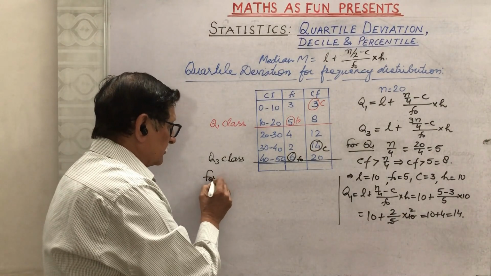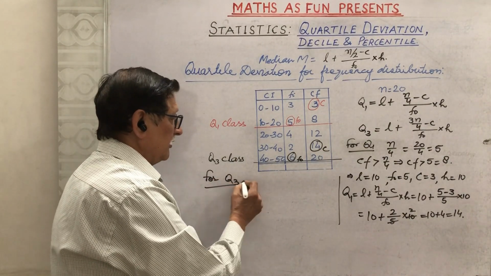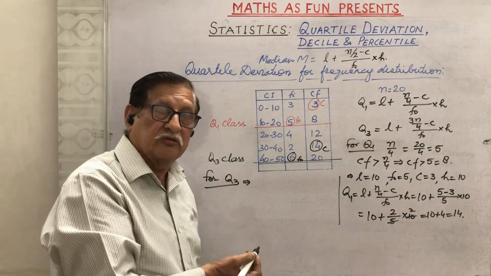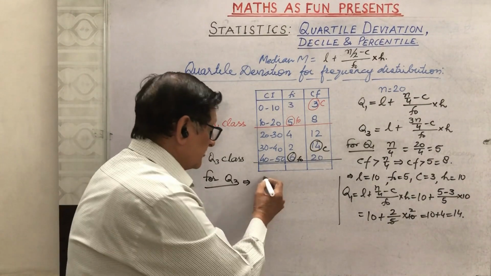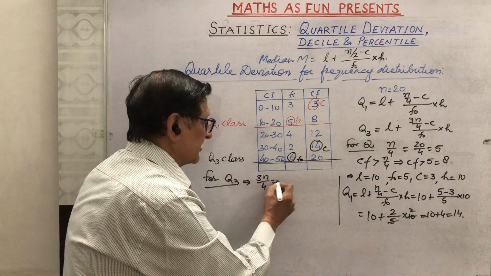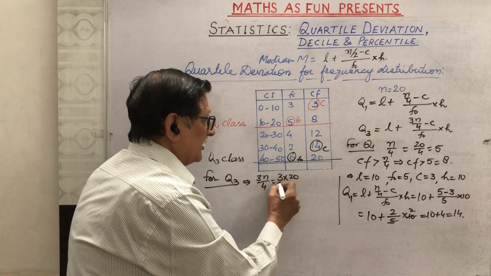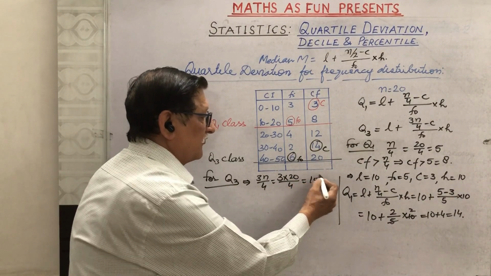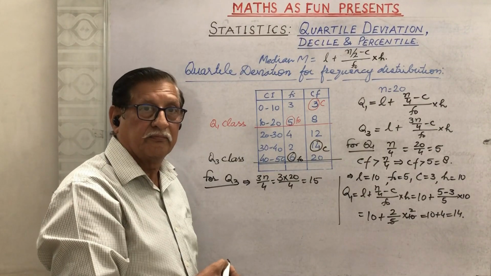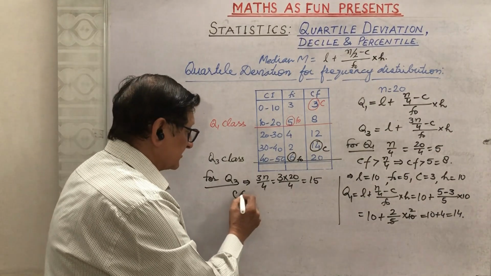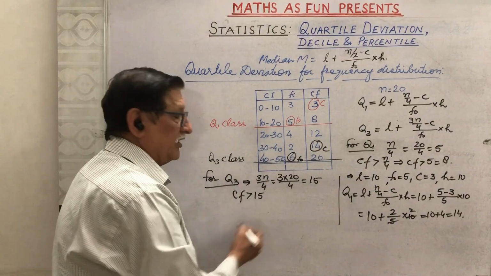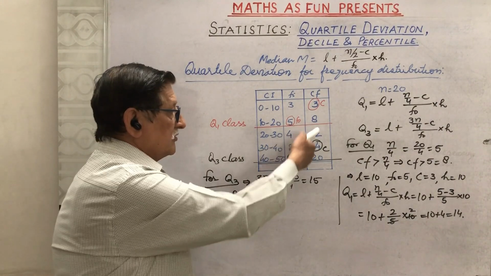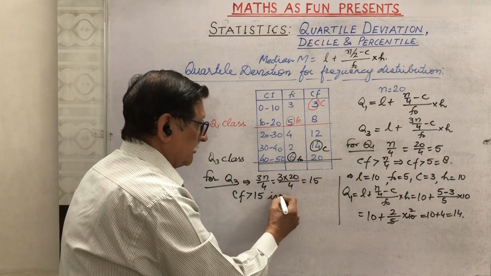When we find out the third quartile Q3, we will have to find out 3n by 4. And 3n by 4 here comes as 3 into 20 by 4, which comes as 15. The cumulative frequency which is greater than 15 is what? That is 20.